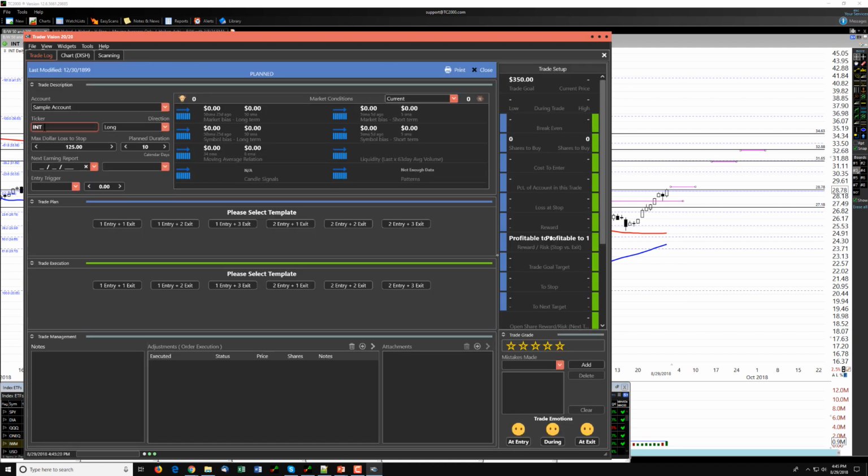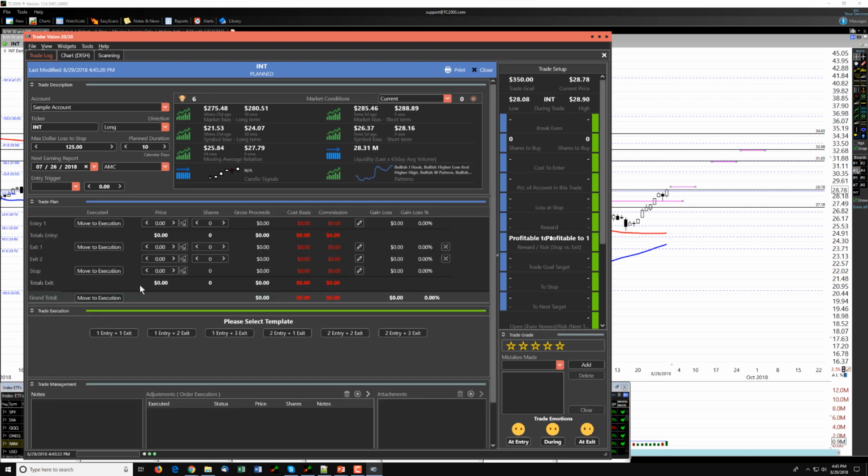INT reported here the end of July. 6 bullish, no bearish, beautiful chart, plenty of liquidity. And let's look at a few prices here.